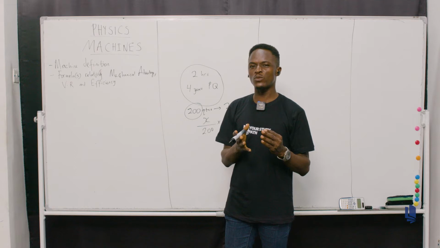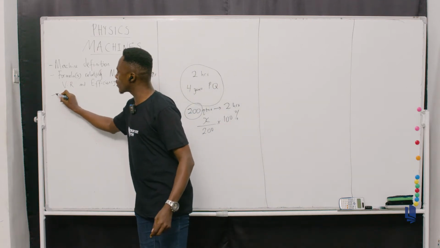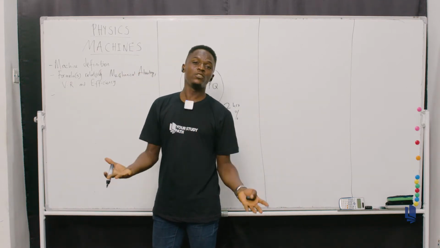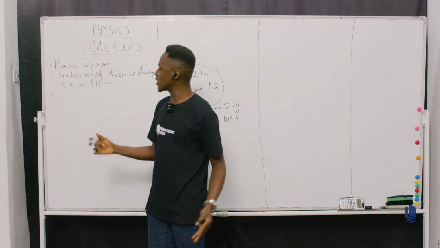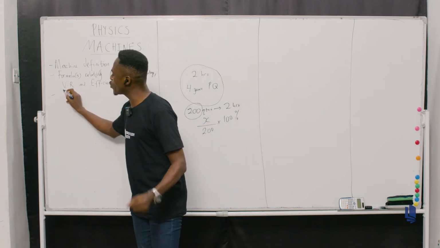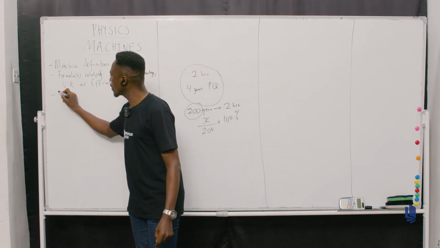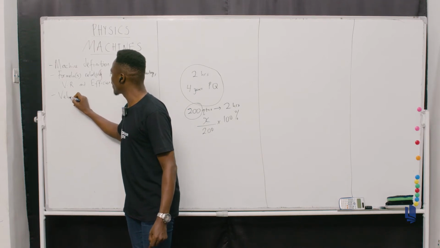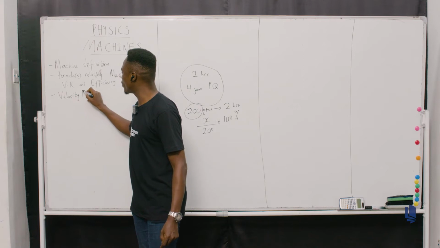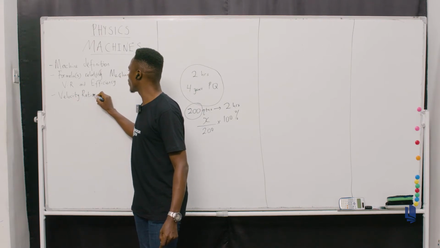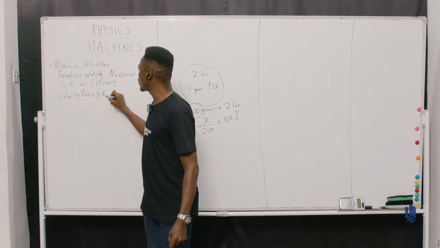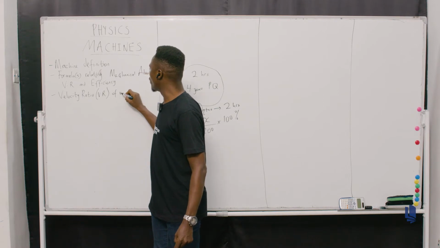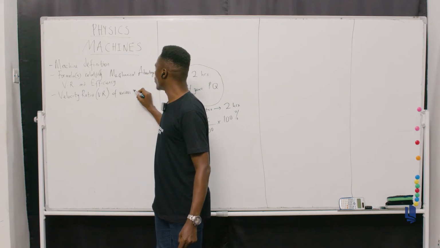Then when you are able to do this, the third aspect under machines which your examination is centered on would be being able to identify the velocity ratio, VR, of various machines.